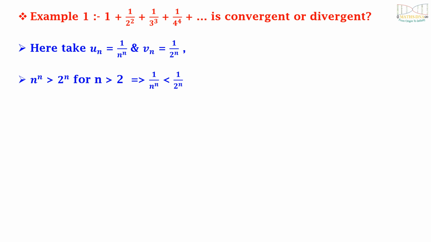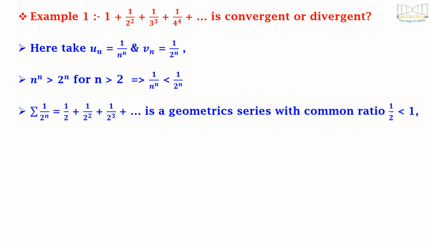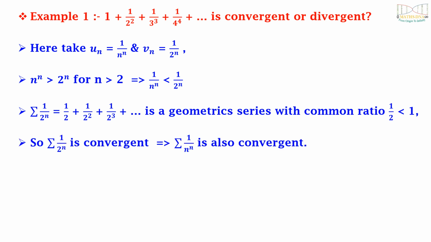And we know n raised to n is greater than 2 raised to n for all n greater than 2, which implies 1 by n raised to n is less than 1 by 2 raised to n. And summation 1 by 2 raised to n is a geometric series with common ratio 1 by 2, which is less than 1. So it is convergent, which gives us summation 1 by 2 raised to n is convergent implies summation 1 by n raised to n is also convergent.